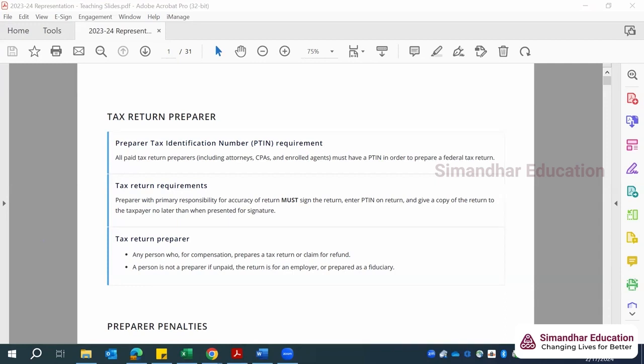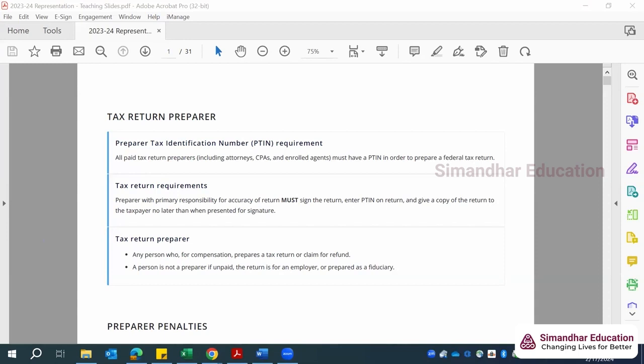All right. So as I mentioned, first we are going to learn who is called a tax return preparer. Now, anyone who has a PTIN, that is personal tax identification number, and anyone who is compensated to prepare the tax return is called a tax return preparer.